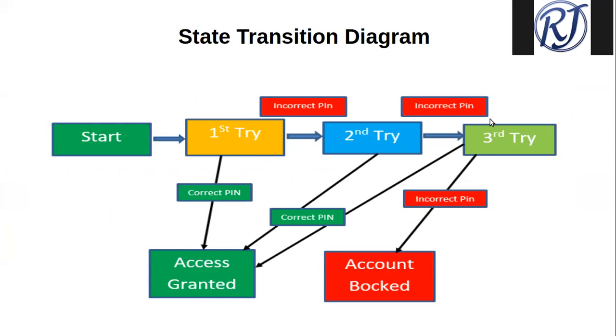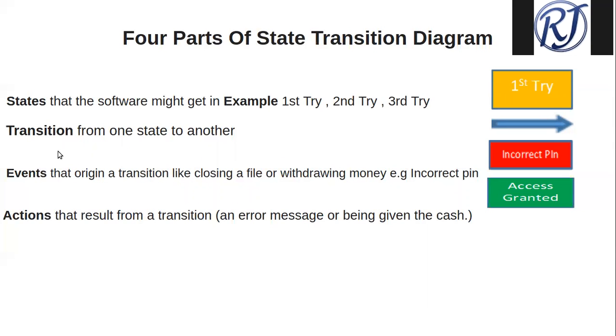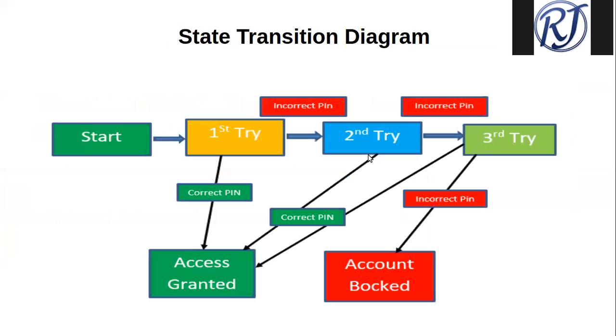These are the states. Transition: when the state moves from one state to another, that is known as transition, and this transition is represented by an arrow. So each state is connected to another state by an arrow. You can see, this represents the state transition.